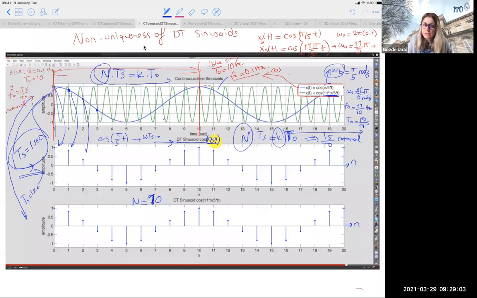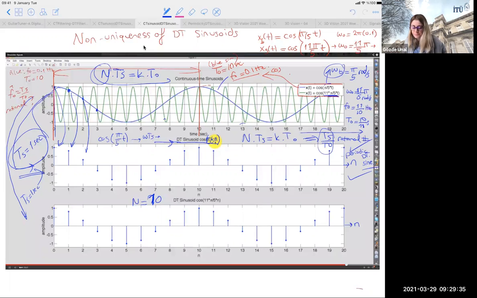And I have to check if it's a periodic one. It is because, remember, we wrote this, right? N times Ts is already here, which is nice. I don't need to memorize. It's N times Ts equals K times T0. If Ts over T0, or F0 over Fs, is a rational number, then I have a periodic discrete time sinusoid, which is correct.